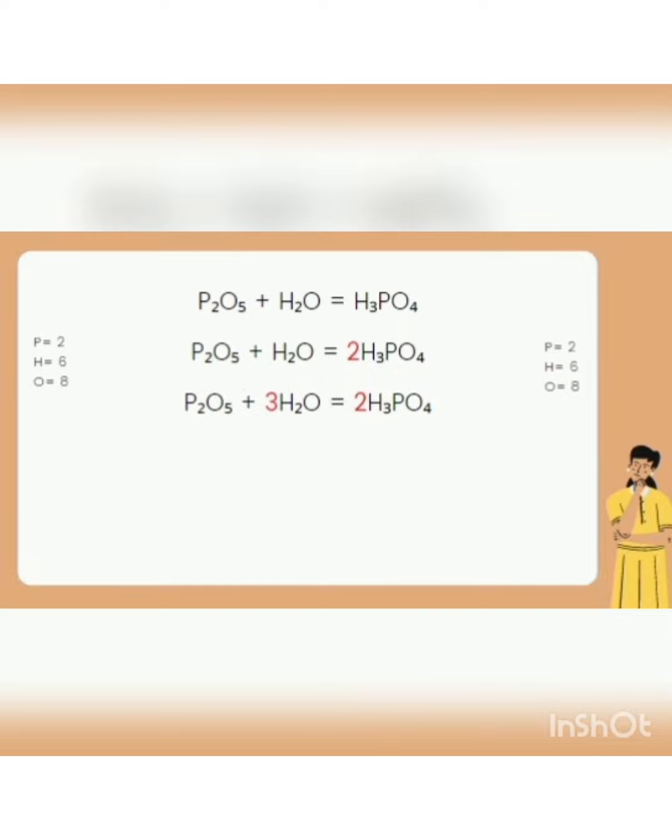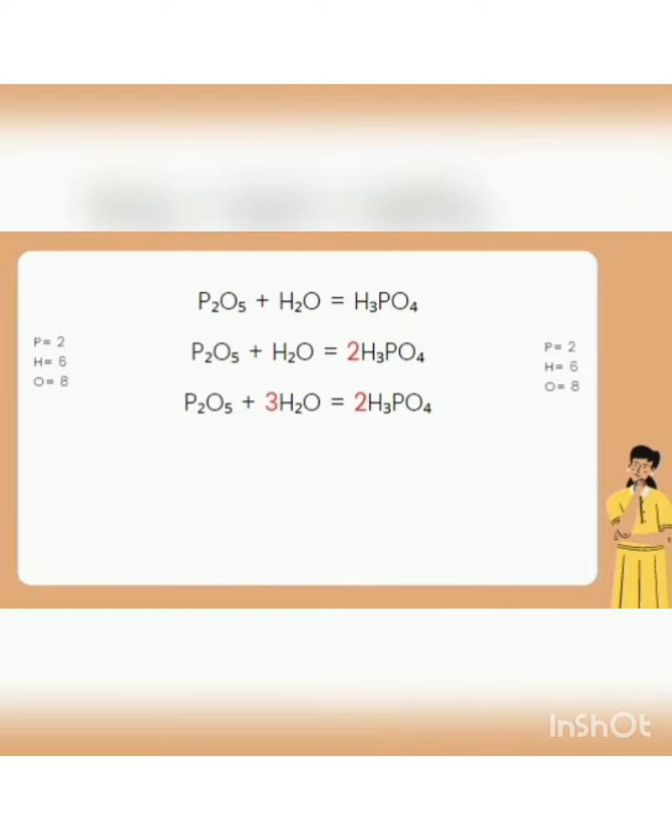The next thing is that we are gonna put a 3 in the reactant part, and the numbers that we wrote are gonna change. P will be 2, H will be 6, O will be 8. And why?